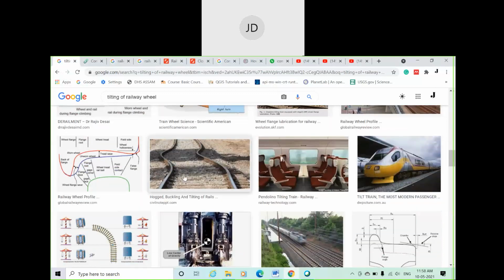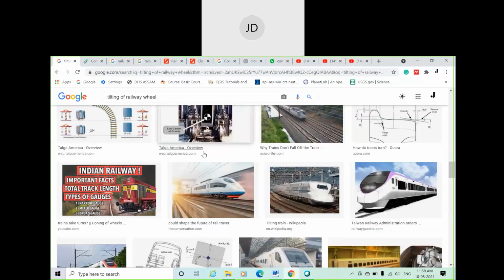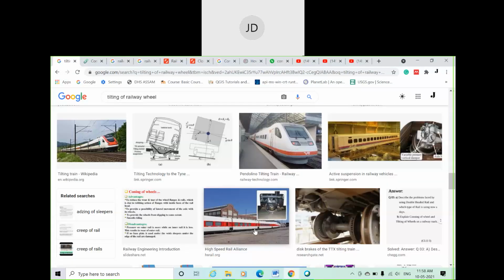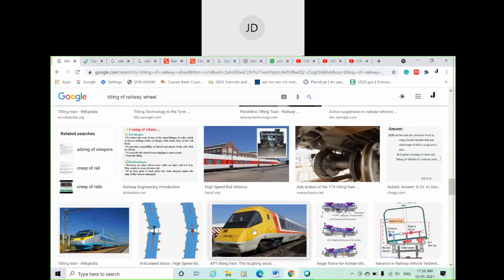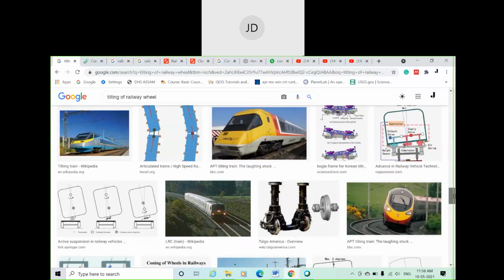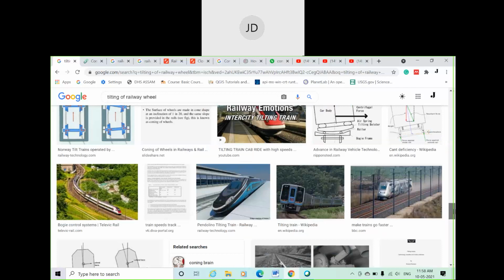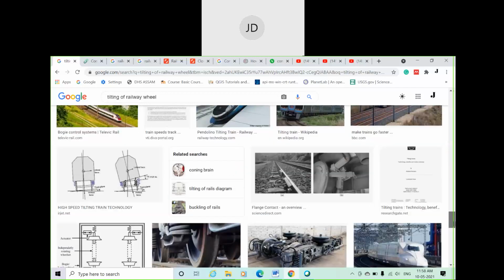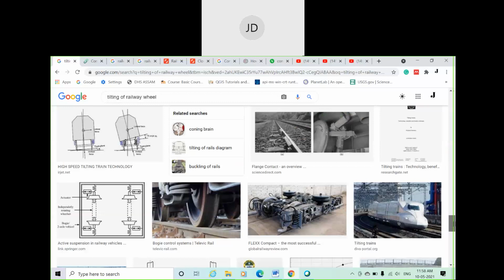You can see some failure of rail here, but it is not shown in any tilted part, because it is given a very small slope, 1 in 20 only, so it is very small to identify.